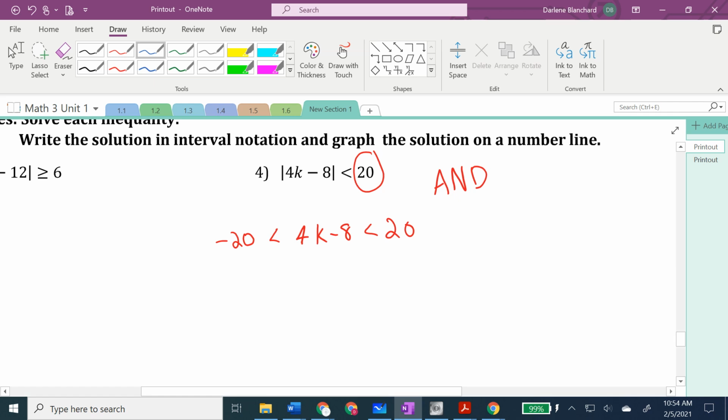And then you can treat this as a 3-side situation. You have your variable here, and you're isolating your variable. So you add 8 to all 3 sides, and that gives us -12, and then divide by 4.